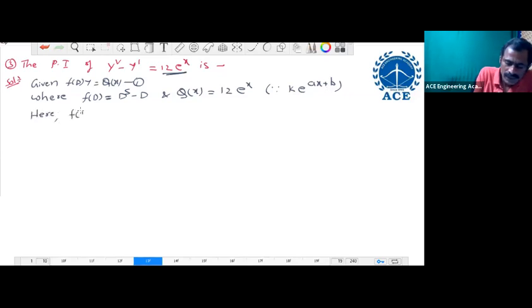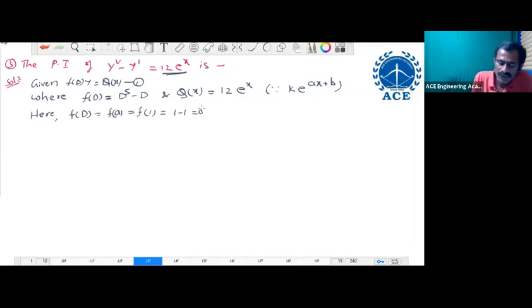Check: f of D equal to f of a equal to f of 1. Check whether it is 0 or not equal to 0. If we replace D with 1, this becomes 1 minus 1, 0. Whenever it is not equal to 0, we stop, we write the yp like in the previous problems.